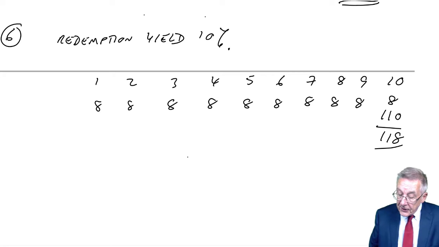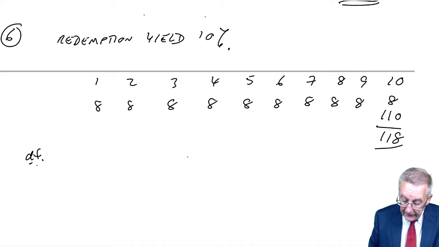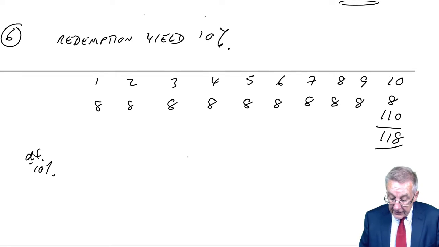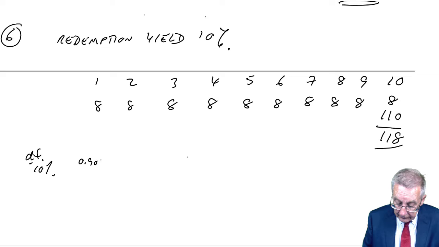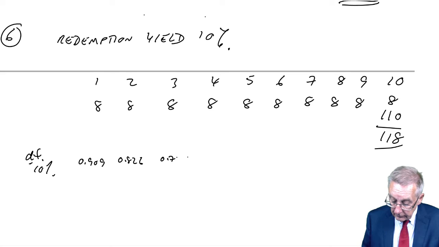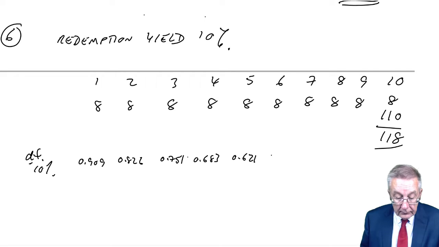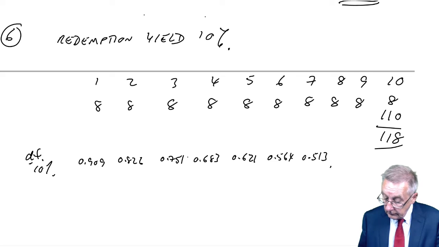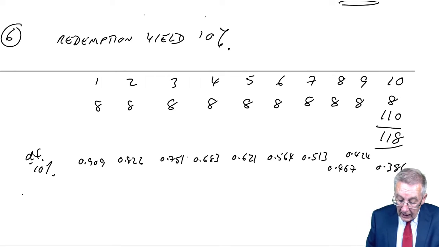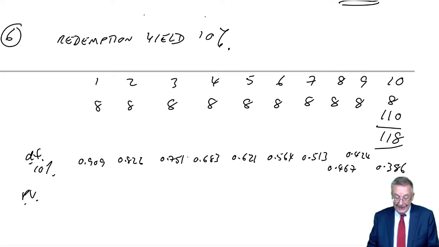All right, I'm going to assume you paused the lecture, and so you've done this yourself, and you're about to check with me. So first of all, discount all the flows at the redemption yield of 10%. The factors. The present values.